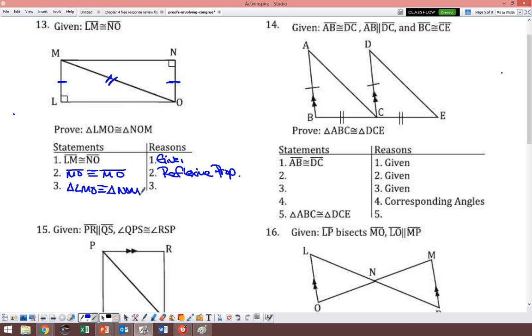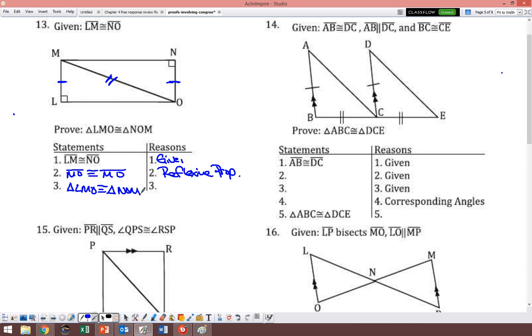You have to open up the little flips. Say it loud and clear. Very good, hypotenuse leg. The only time angle side side is allowed is for hypotenuse leg.